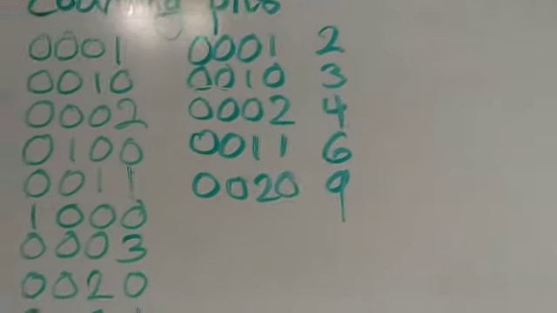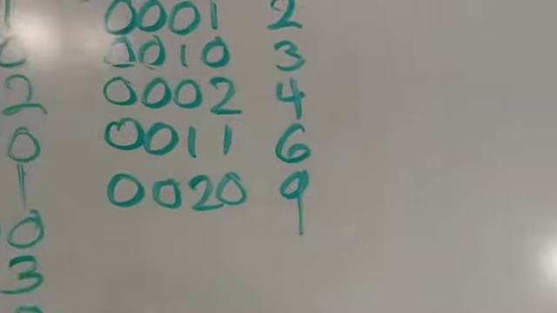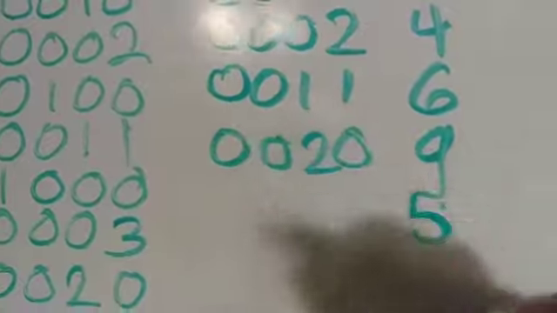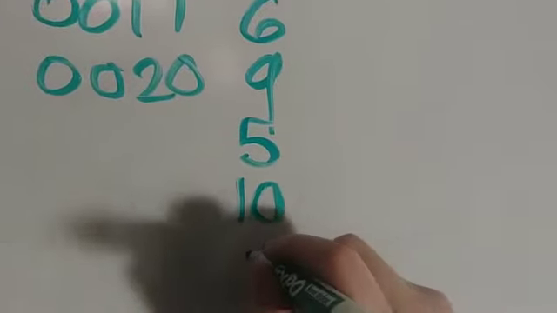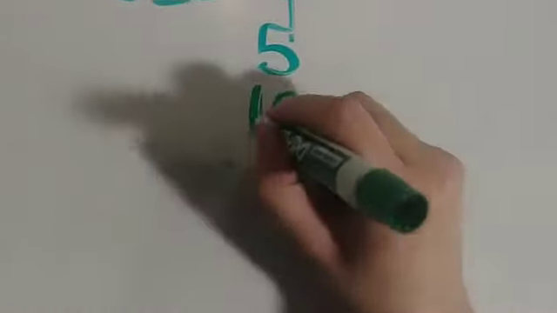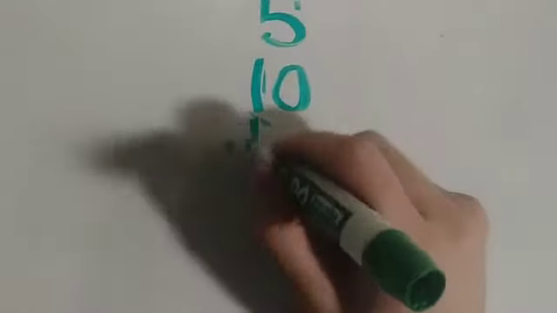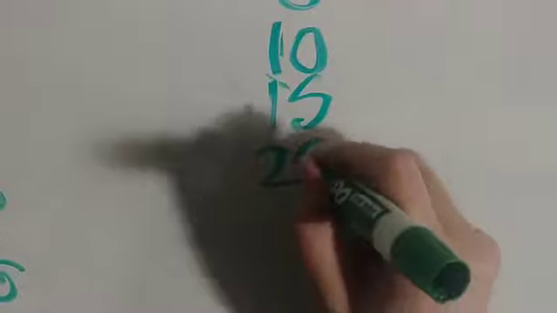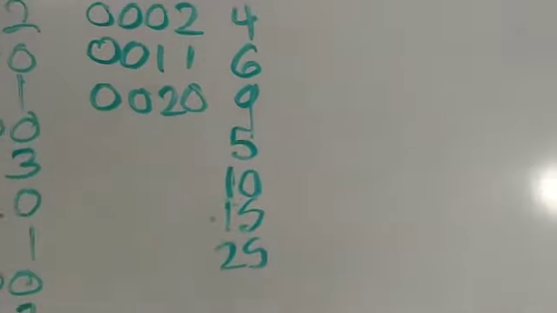So I will continue now. After 9 you have 5, 10, 15, 25. And you might think, well, that's weird. Why 5, 10, 15, 25?